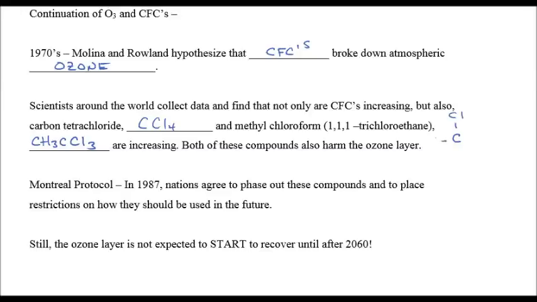So it would look like this. There's 3 chlorines on a carbon, and on another carbon we have 3 H's, but that's later in the year.